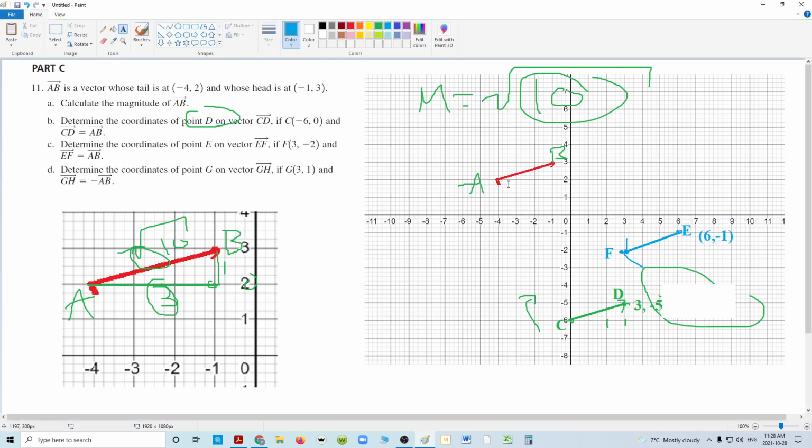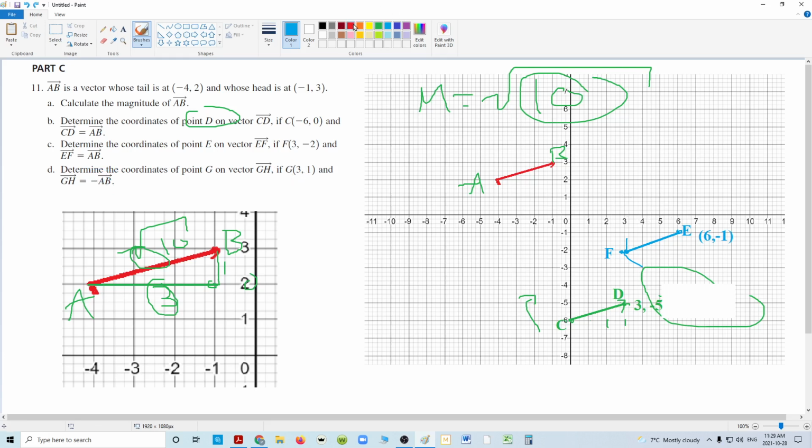E. And then finally, determine the coordinates of H on the vector GH if G is 3, 1, and GH is the opposite of AB. Okay? So it's the opposite direction of AB. G is definitely the tail, so we've got 3 comma 1.